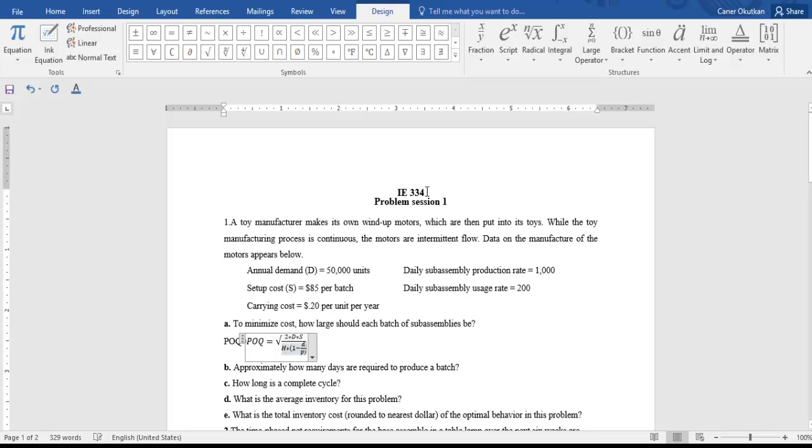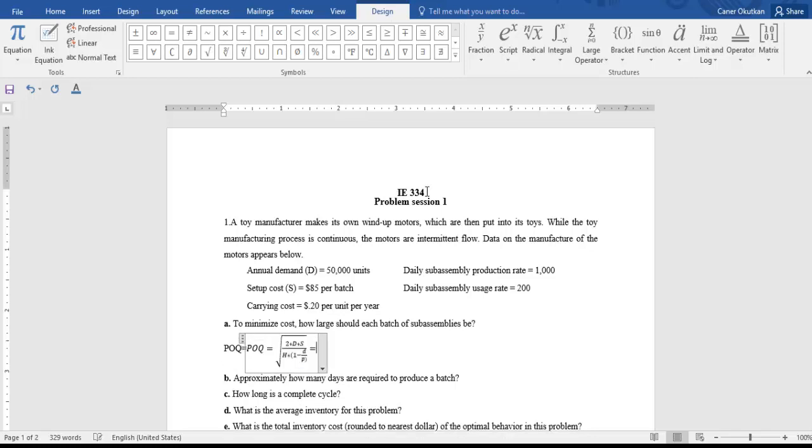So it's our formula. In this formula we know all of the data.